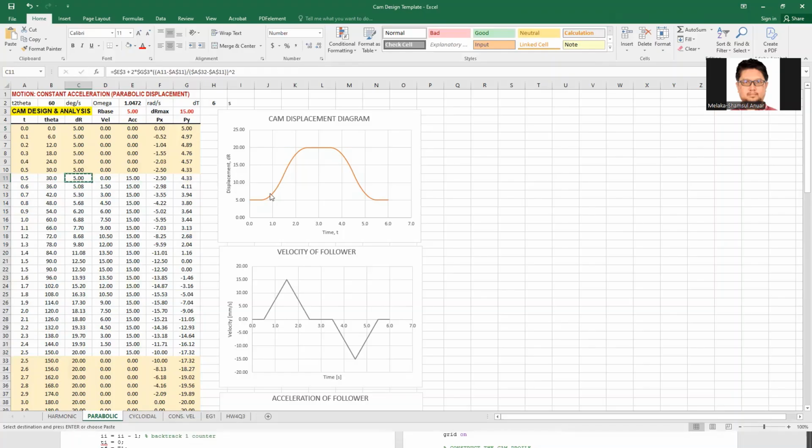So the rise part in the middle of it, you have to use another set of equation. So let's say this is from 0.5, the original, to 2.5. So this is the beginning part. This is the equation. But on the second half of it, the equation is a bit different.